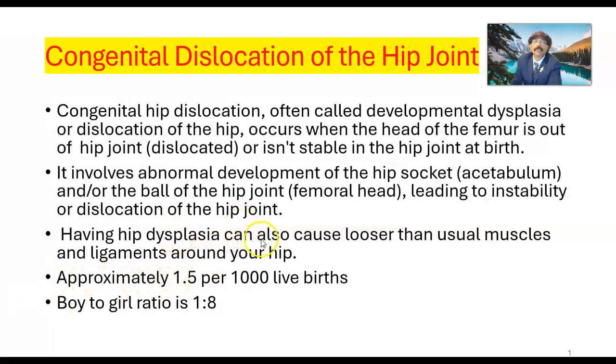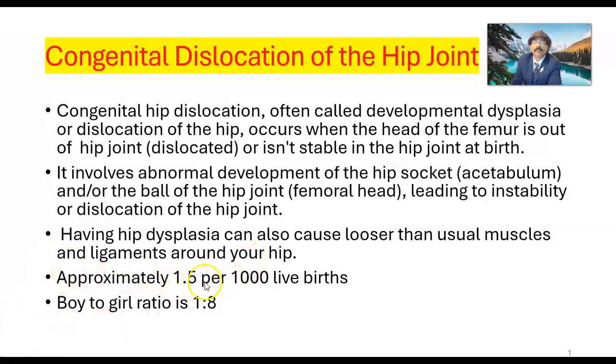Having hip dysplasia can also cause looser than usual muscles and ligaments around the hip. And at birth, the fibrous capsule of the hip joint is weaker than that of the adult, and it is also looser than that of an adult.